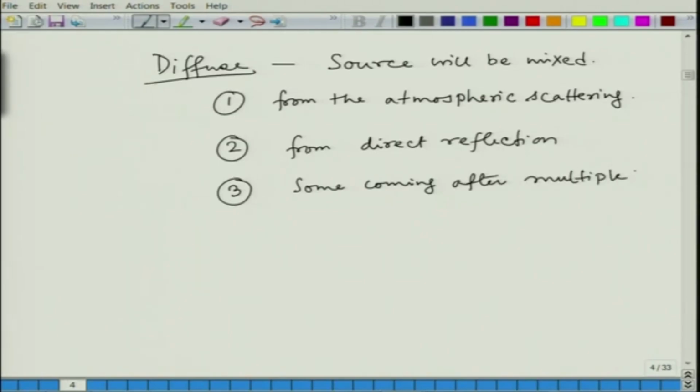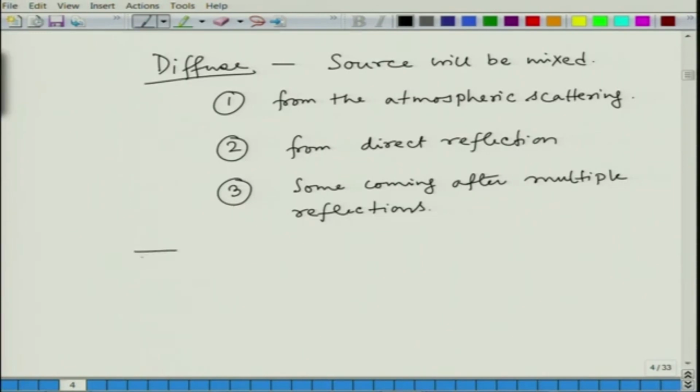So, it is not mandatory that it comes directly after one reflection. When it comes through multiple reflections, then it becomes difficult to single out and measure the amount of radiation.